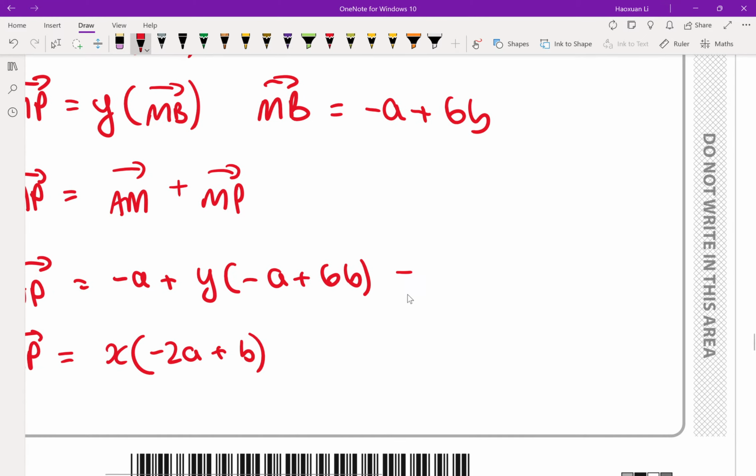And here, you can make them in terms of A. So make the equation in terms of A. So negative 1 minus Y times A plus 6YB.